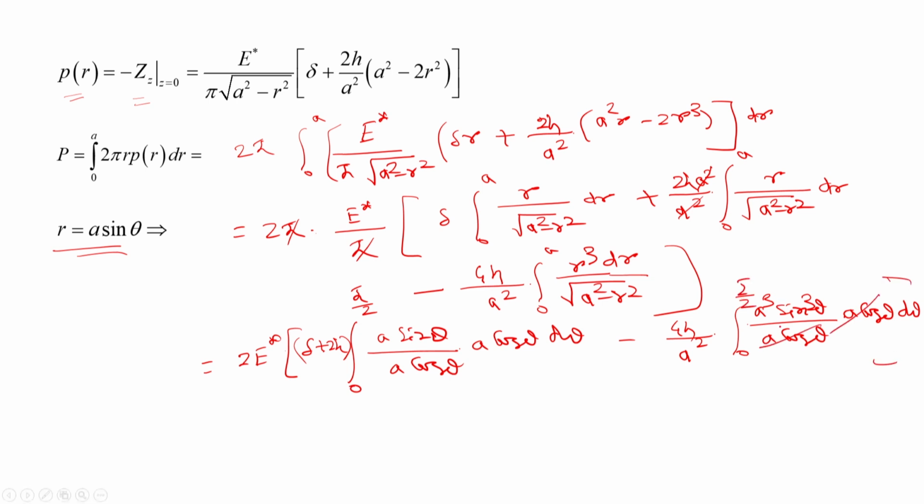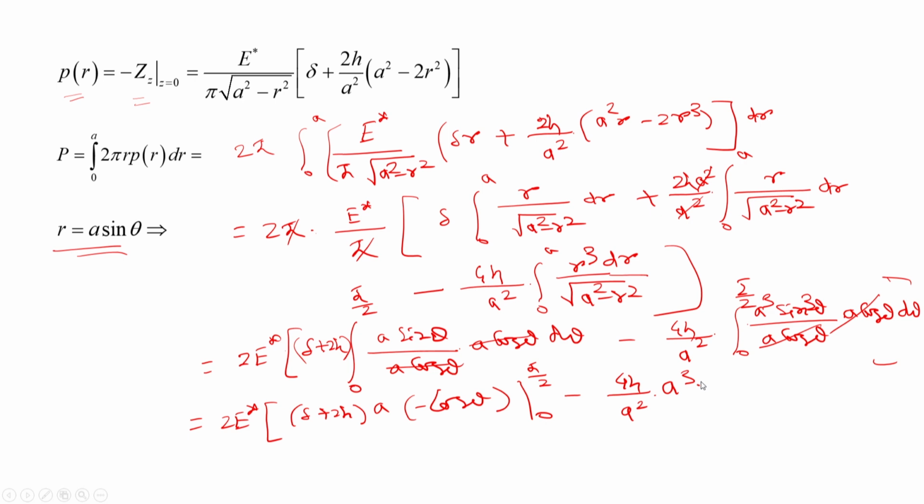So this gets cancelled, and finally I have 2 E star into delta plus 2h, and this is a here, and this is minus cos theta, right, since the integral of sin theta is minus cos theta, from 0 to pi by 2, minus 4h by a square into a cube into sine cube theta.